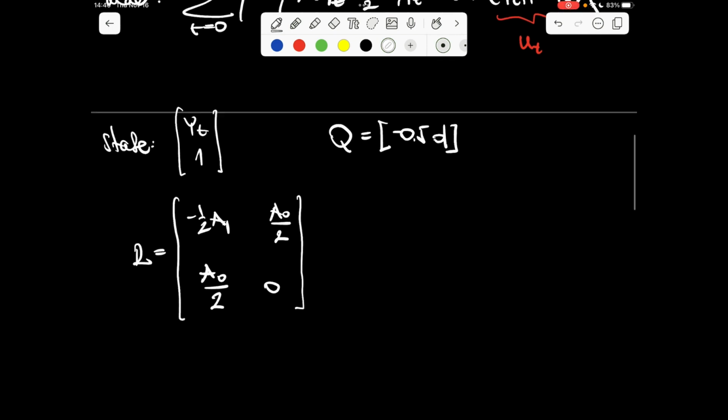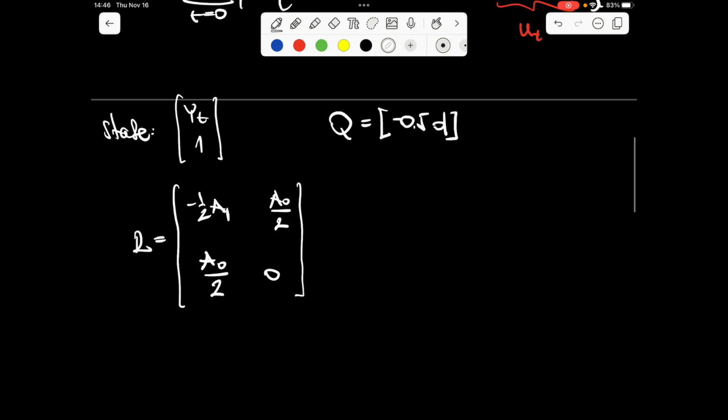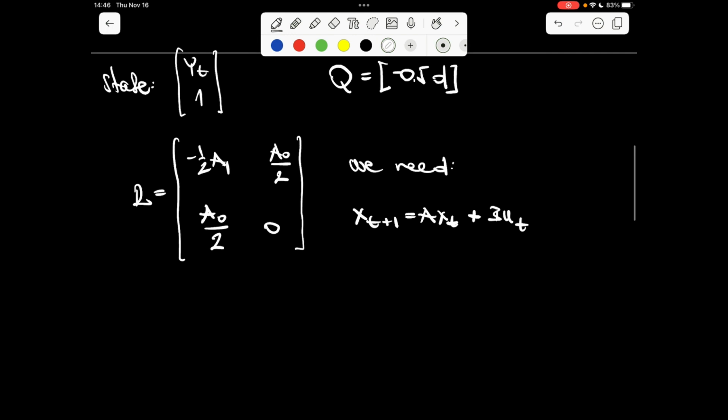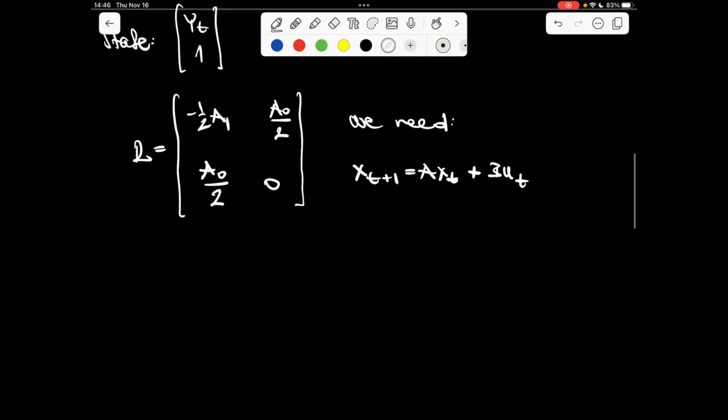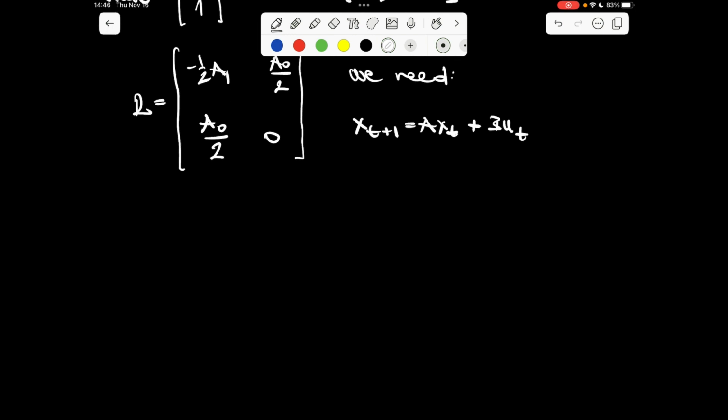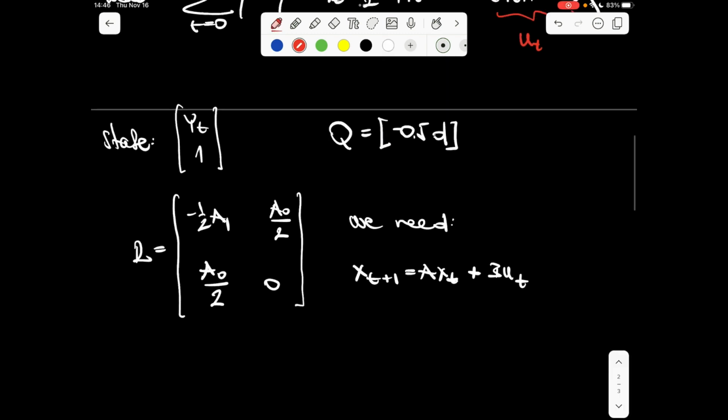Okay, so we have two matrices and we need another equation that summarizes the impact of the control on the dynamics of the state. So this is the state vector.